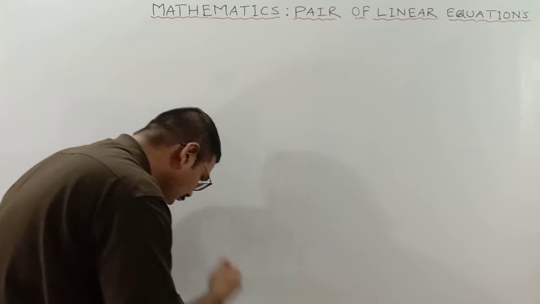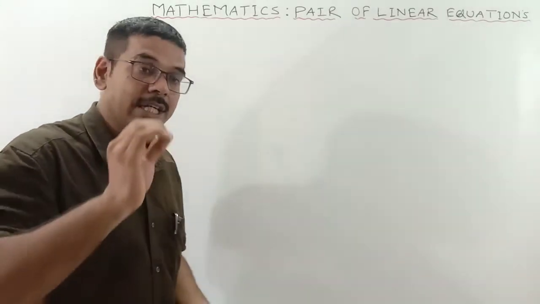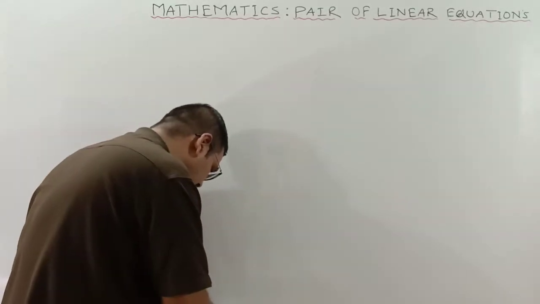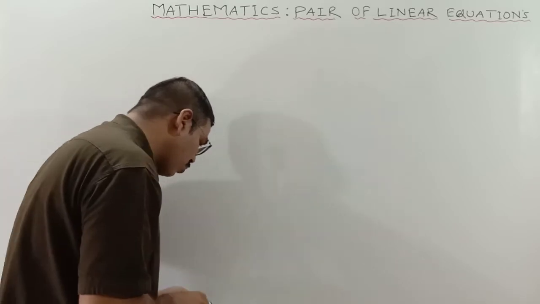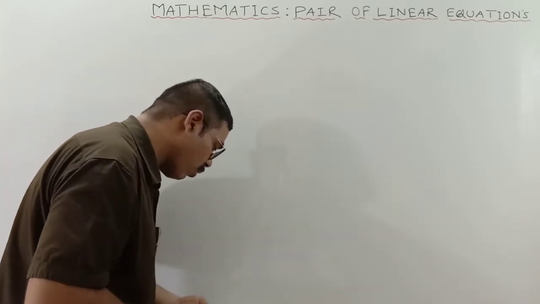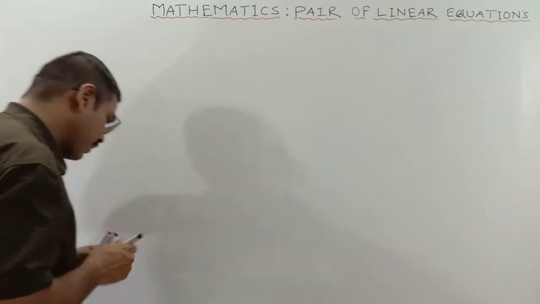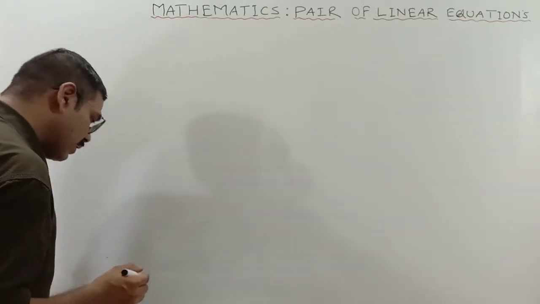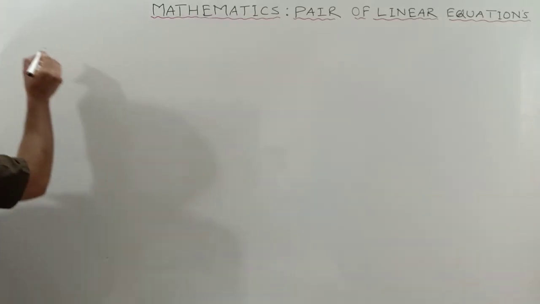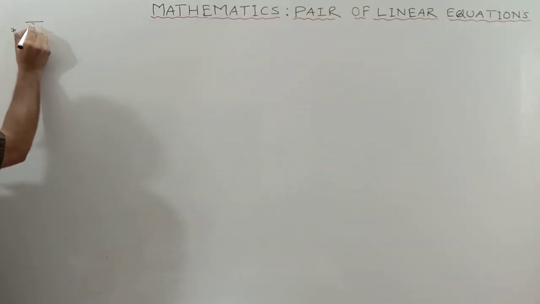Suppose a question, I am just writing a question, it was asked in CBSE 2010. The sum of the numerator and denominator of a fraction is 4 more than twice the numerator. See, I am writing the question.